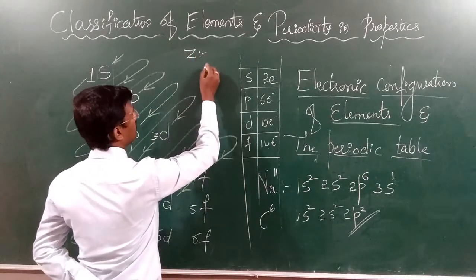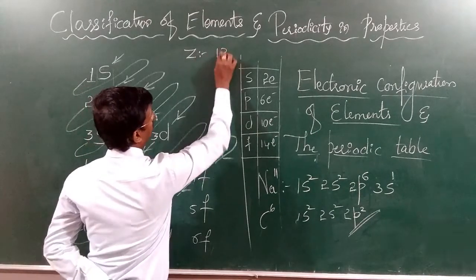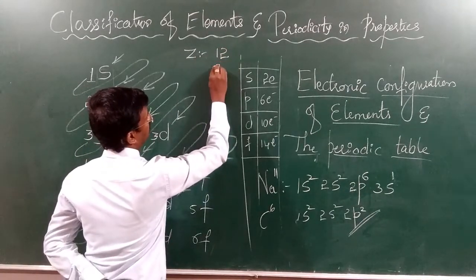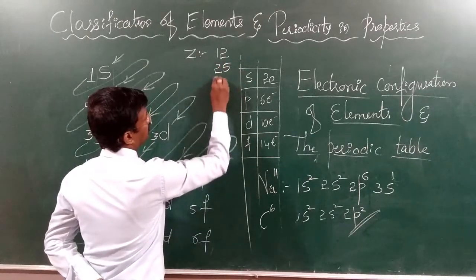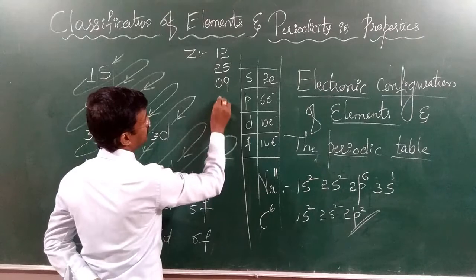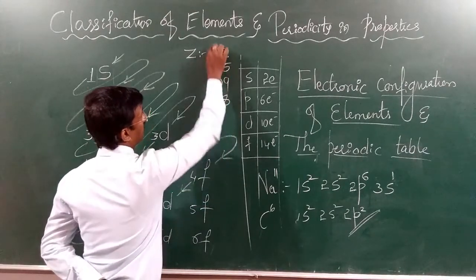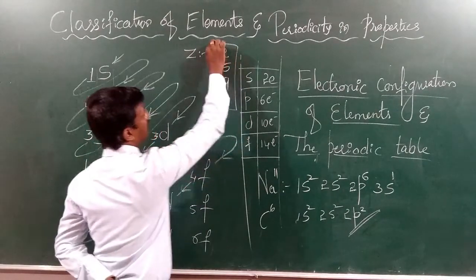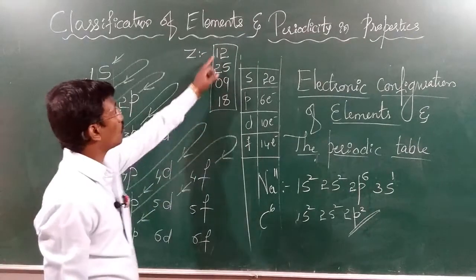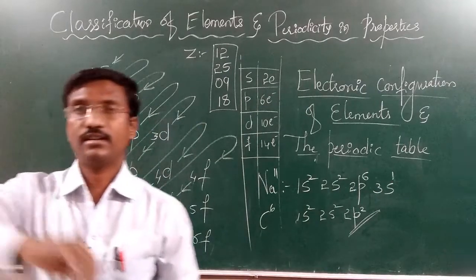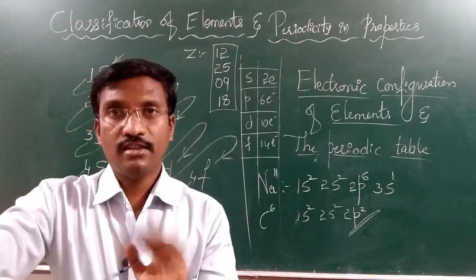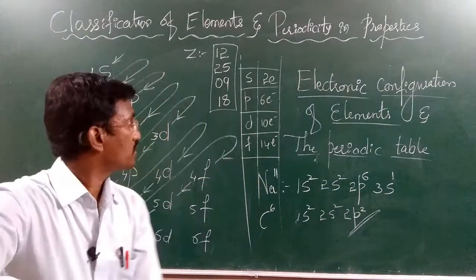The atomic numbers 12, 25, 9 and 18. Write the electronic configuration for the elements having atomic numbers 12, 25, 9 and 18. This is the homework for you, and be ready with the homework next time.